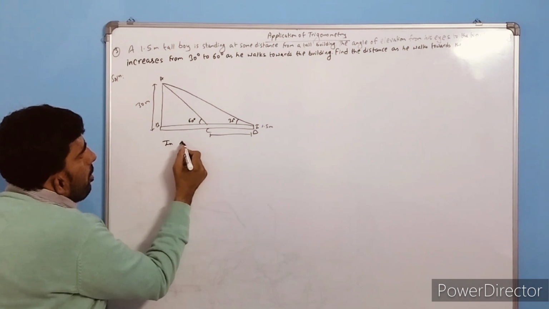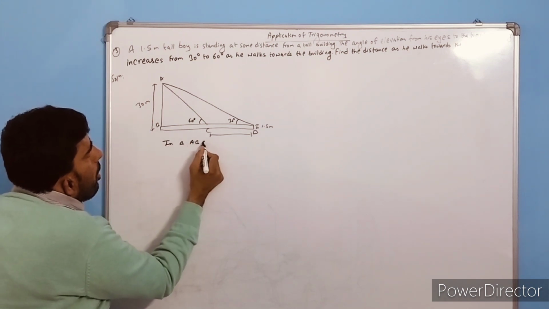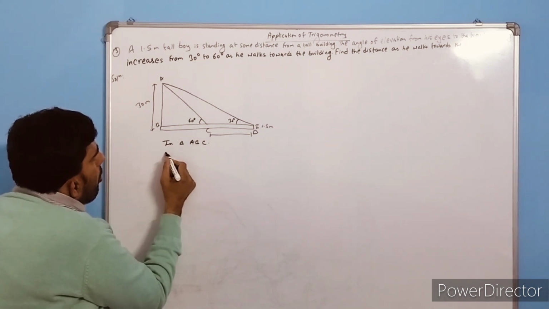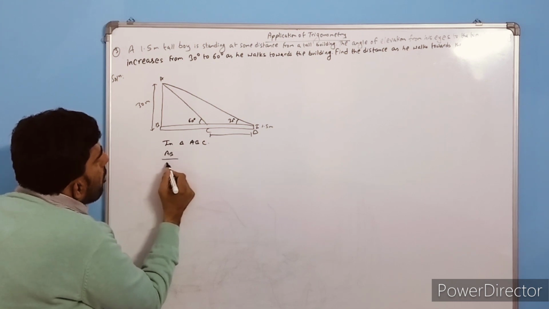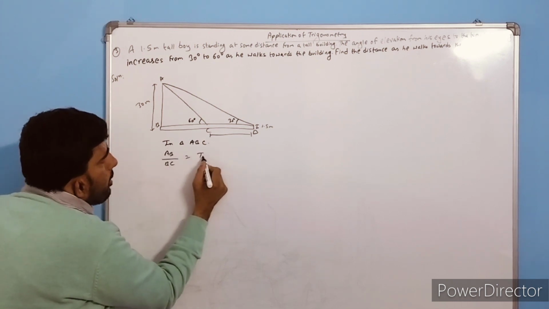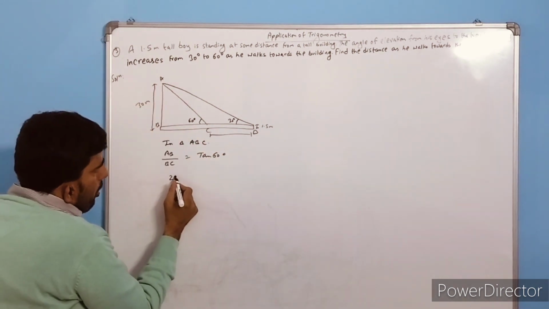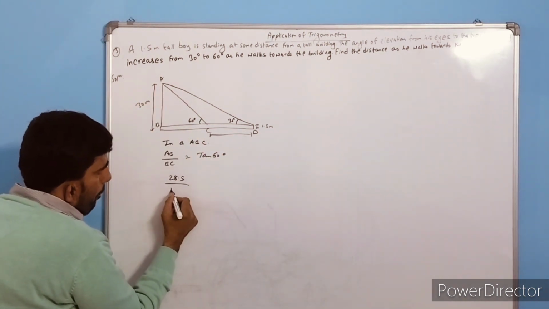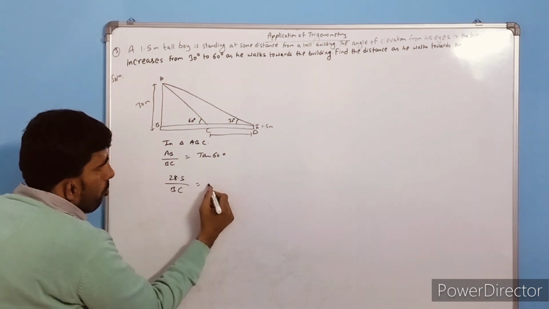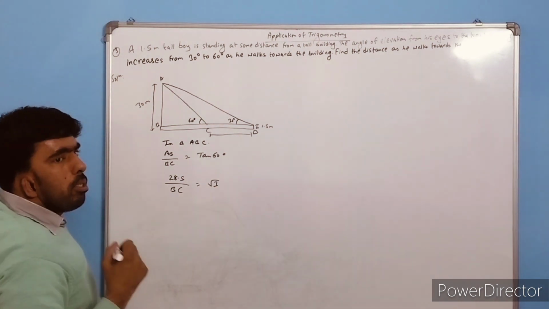First take the triangle ABC. So AB upon BC is equal to tan 60 degree. Here AB I will consider 28.5 and tan 60 is root 3.